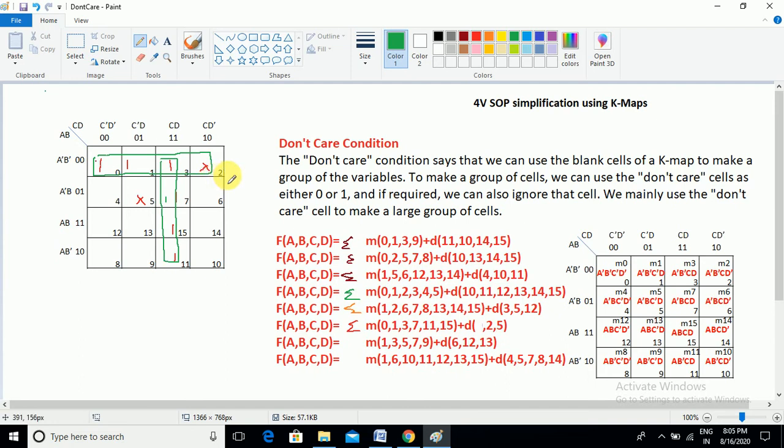Okay, now all ones are in the grouping. Now no need to think about any other cells, and we should not create any separate group for the sake of don't care cells. So leave it. Okay, this is about the given problem. Next go to the next problem.